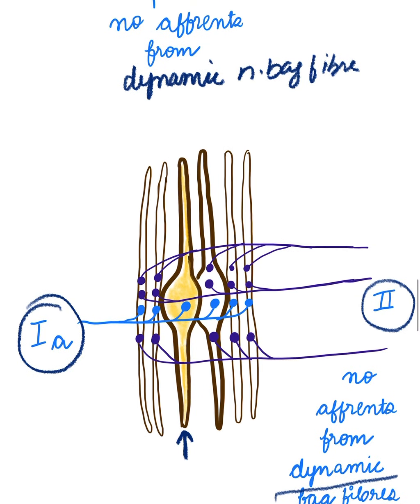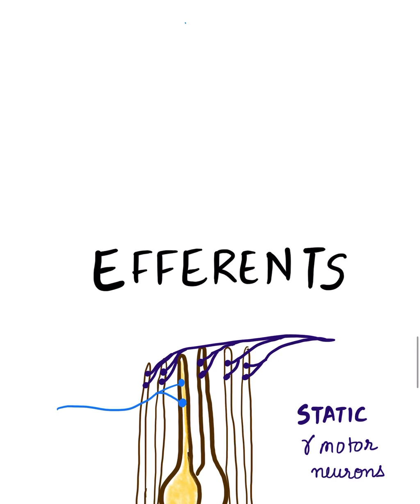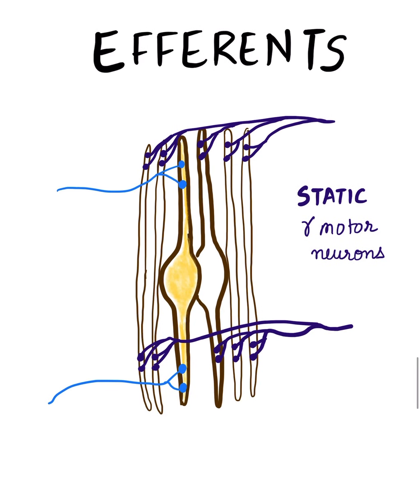Now let's talk about the efferents. Efferents are the gamma motor fibers. These are motor fibers to the contractile portion of the intrafusal fibers, and these are also of two types, the static and the dynamic.